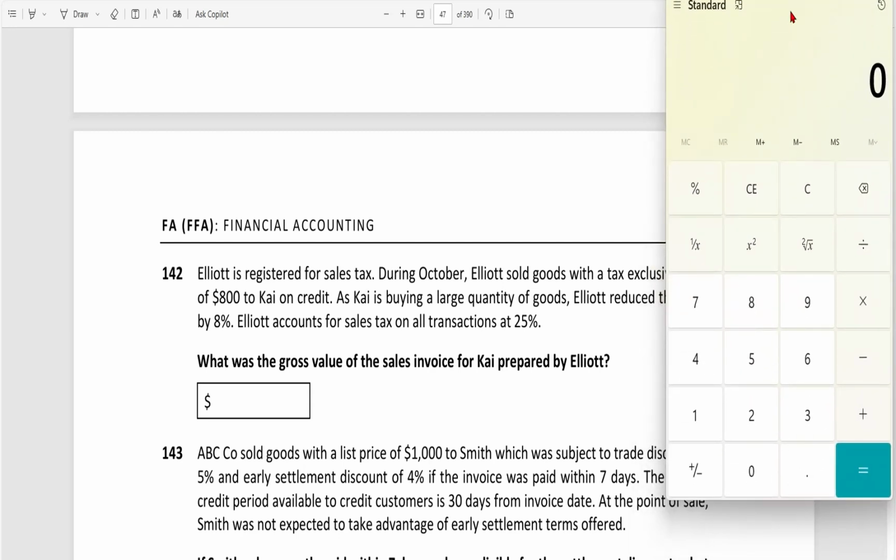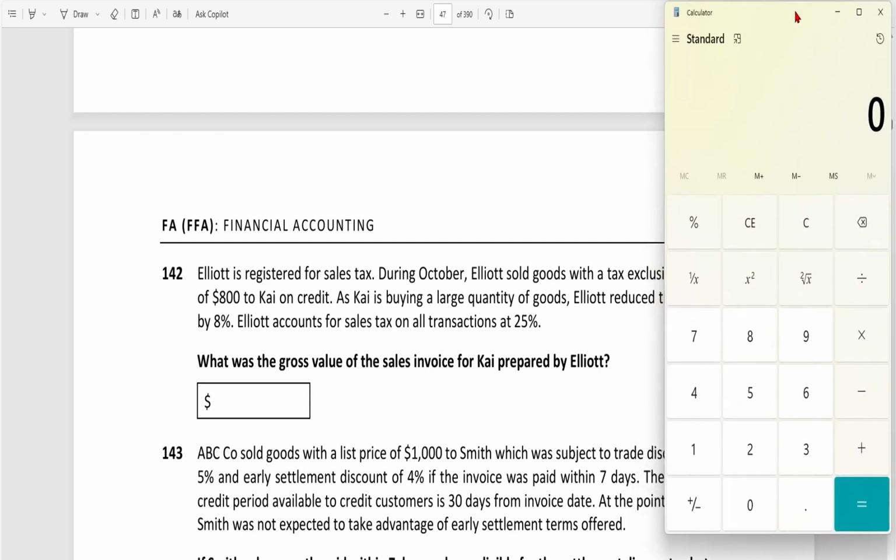But if Eloit had not provided a discount to Kai, then if we add the VAT, this amount is 100% and the VAT charge is 25%, so it means 125. If we multiply by 1.25, the amount will be 1000, right? So if no discount has been given to Kai, the price of the goods will be 1000. But the question asks the gross value of the sales invoice.